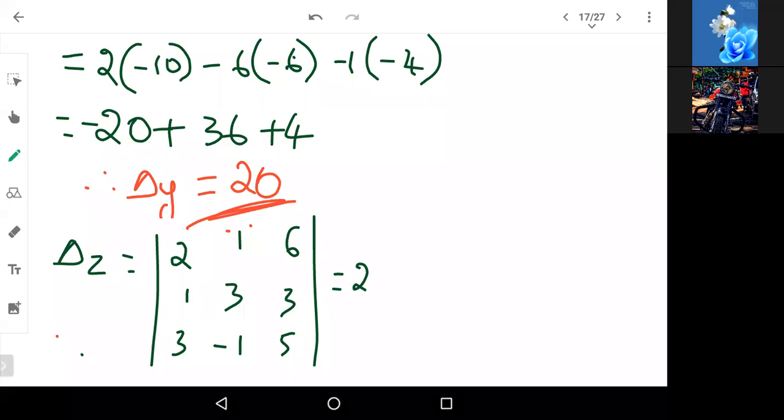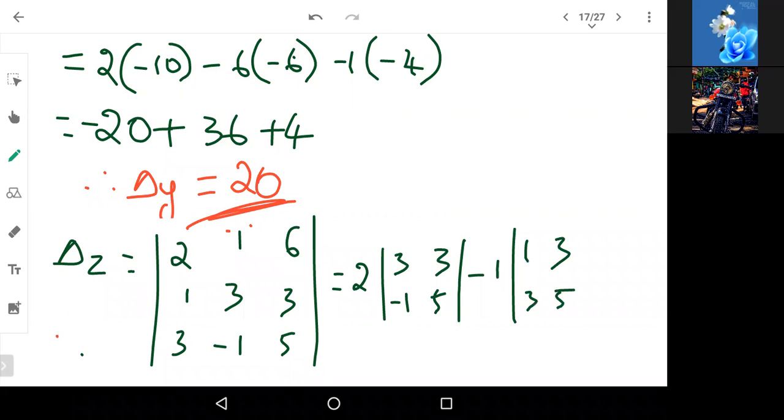So 2 into the determinant 3, 3, −1, 5. Minus 1 into 1, 3, 3, 5. And then plus 6 into, I'm writing the determinant below, 1, 3, 3, −1. Delta z is −20. Correct, Bhujana. Delta z is −20. Gauri, delta y is 20. Correct.